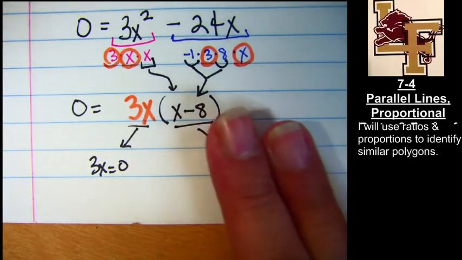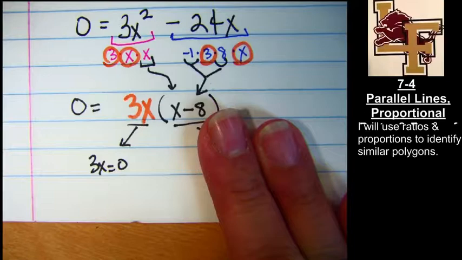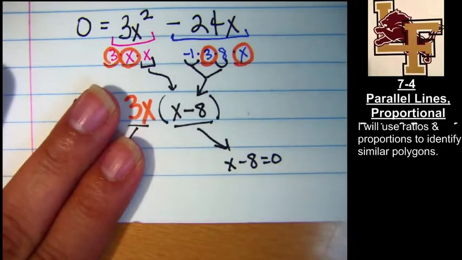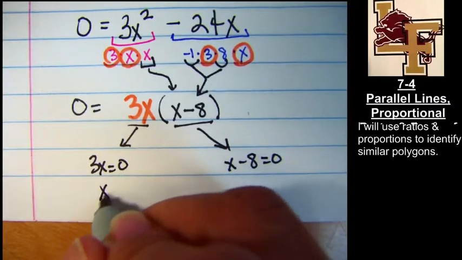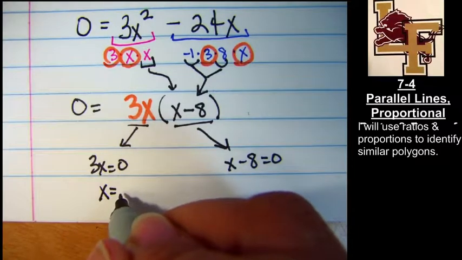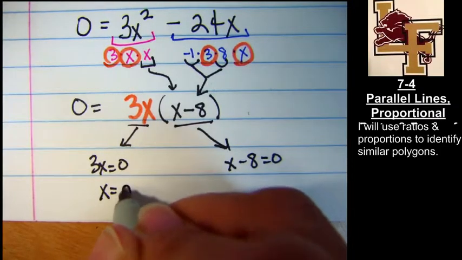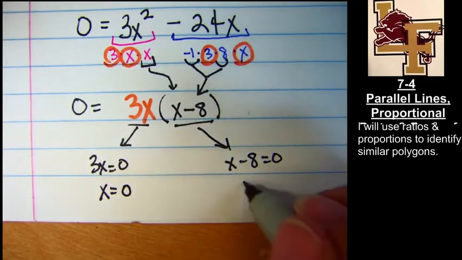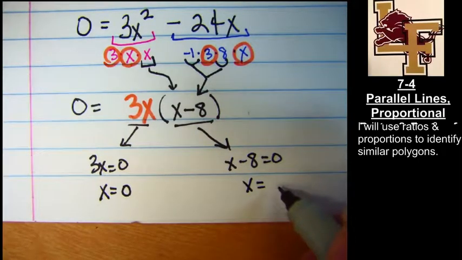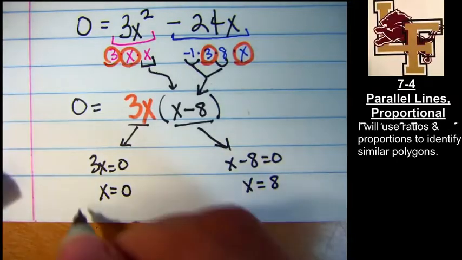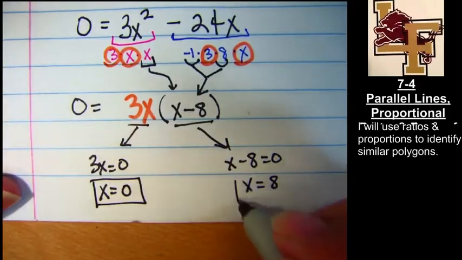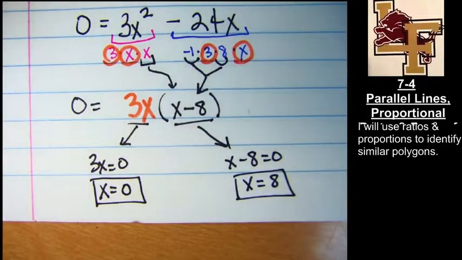I have this one on the left, and I have this one on the right. x equals what in this equation? Equals 0, because 3 times 0 is 0. What does x equal in the right-hand equation? 8, because 8 minus 8 is 0. And this, along with that, are both the possible correct answers for this equation.